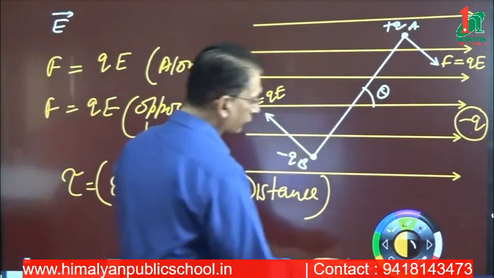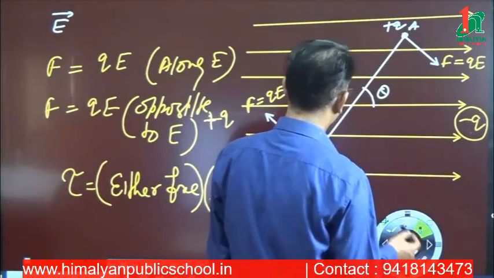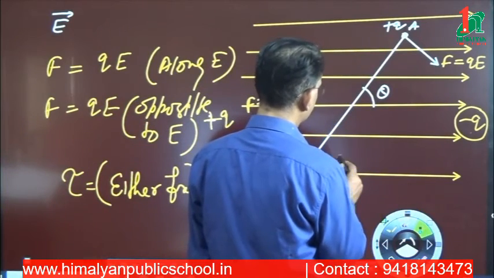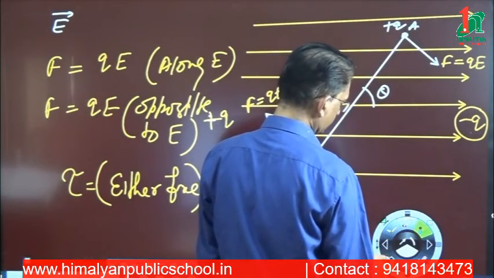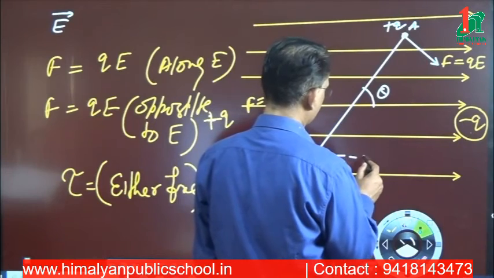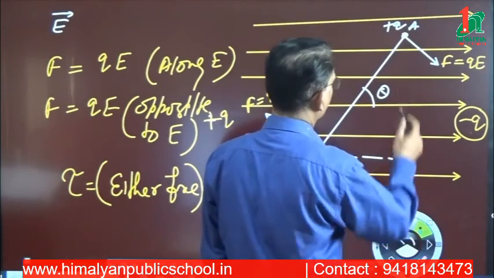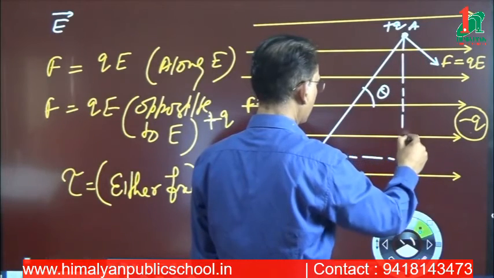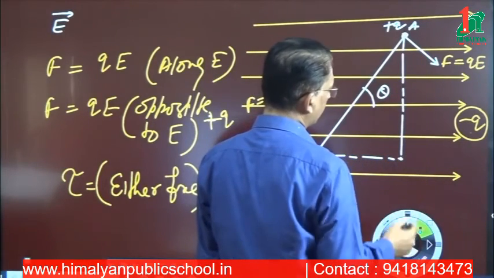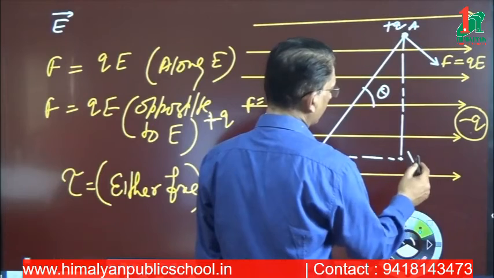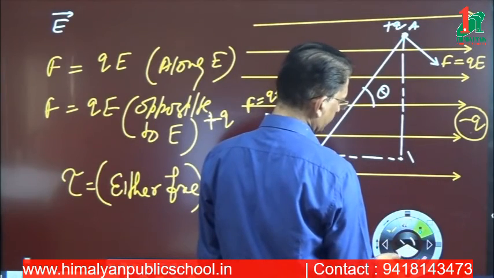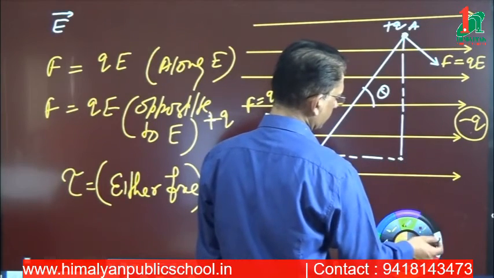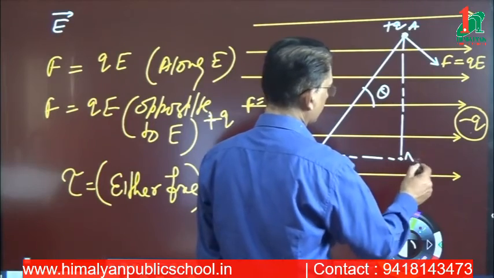Now if you want to find the perpendicular distance, draw a perpendicular from point A, and this perpendicular is AN.